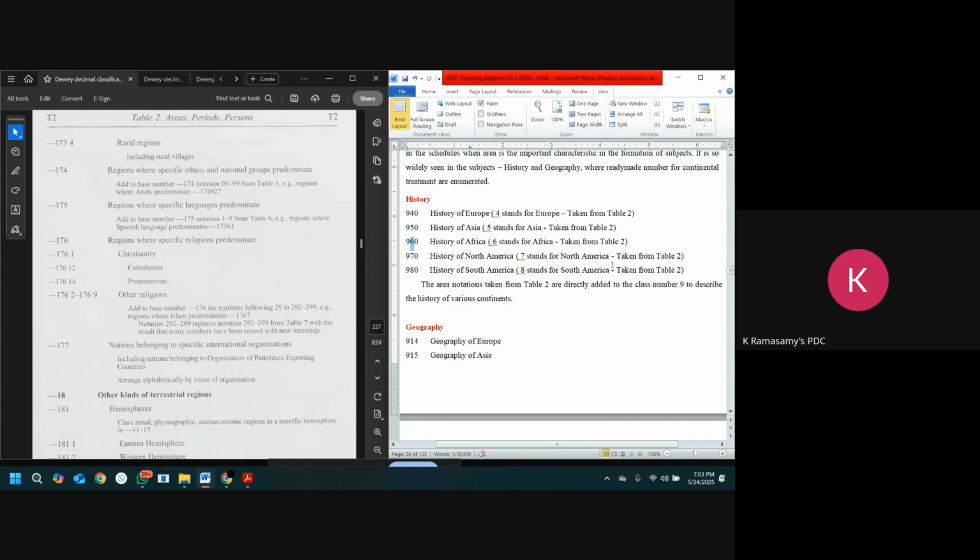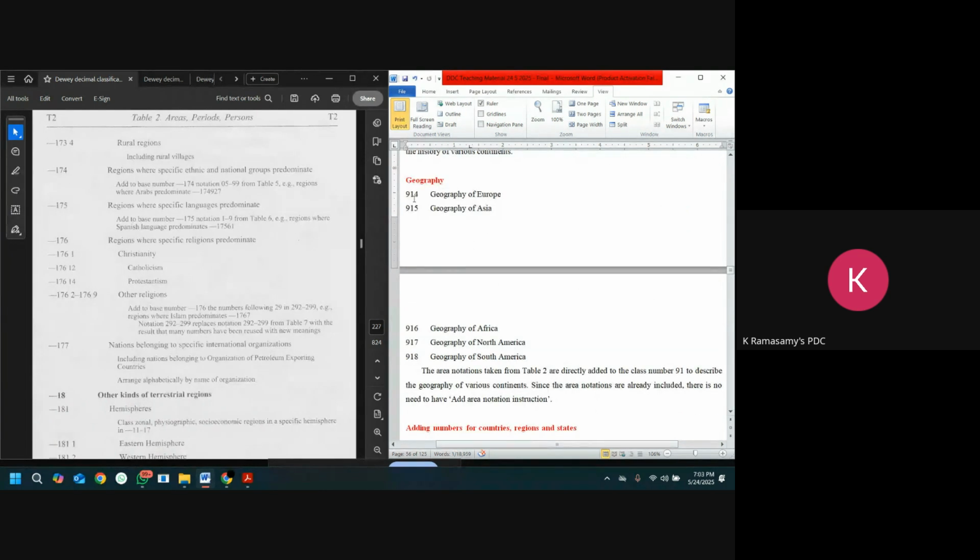Take geography for example. 91 is the base number. 914, European geography. 915, Asian geography. 916, African geography. 4 stands for Europe, 5 stands for Asia, 6 stands for Africa. So these numbers taken from table 2 are made into part and parcel of the core number. Okay, so that is one possibility of adding area notation to the main numbers.